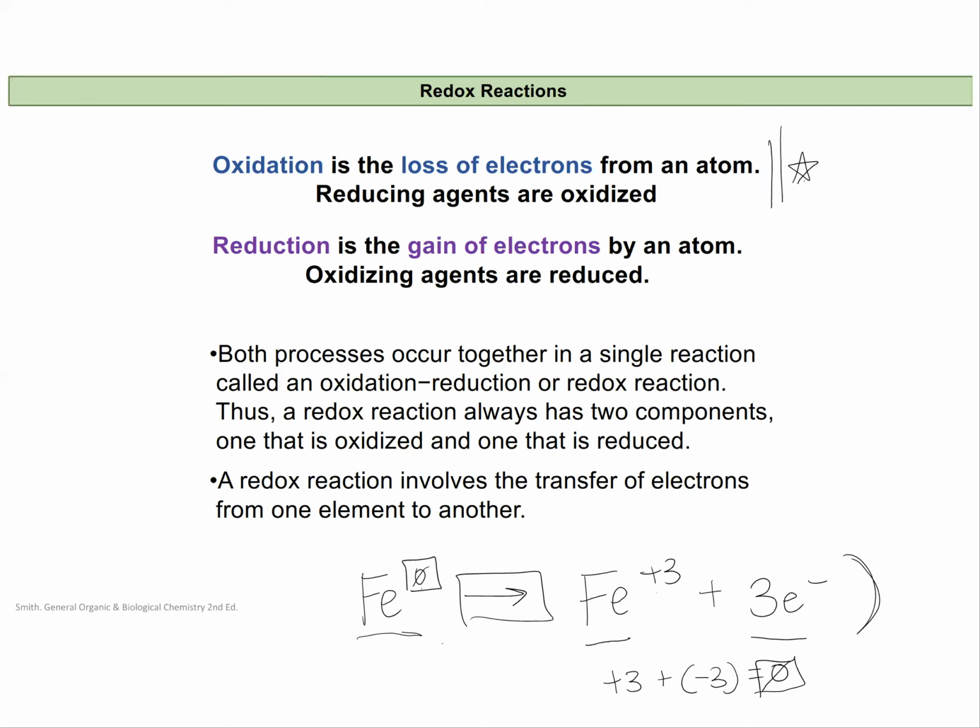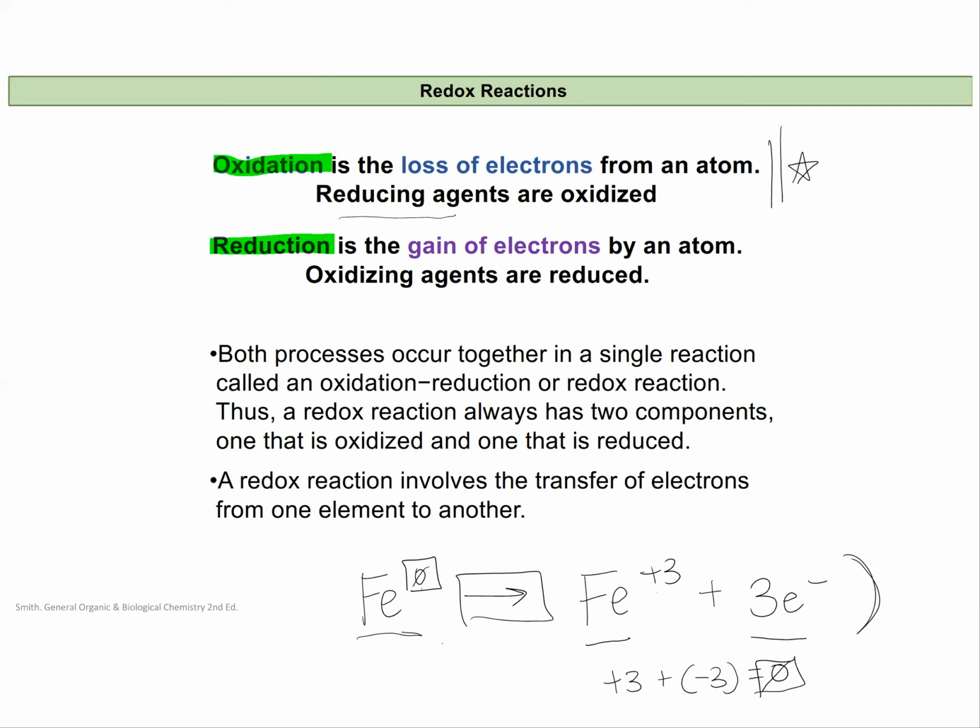And you'll sometimes see oxidation of the iron being represented as instead that iron is a reducing agent. I find that language pretty confusing. So I'll always stick to oxidation or reduction of something instead.